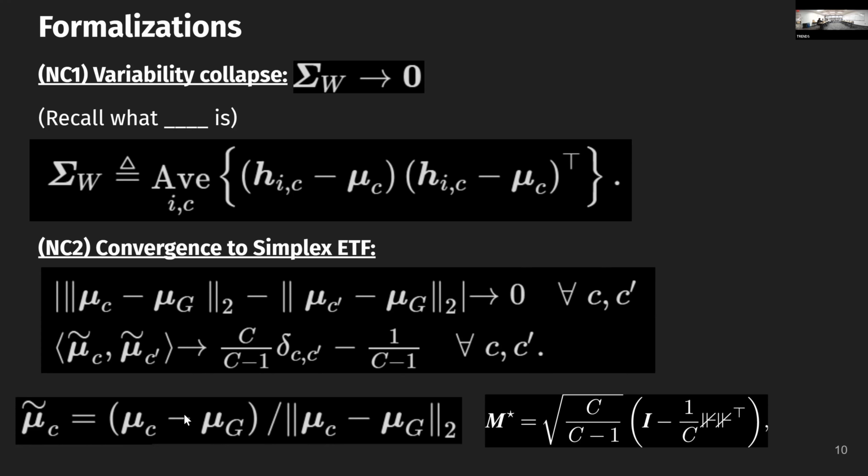You're taking off the global training mean, normalizing it, and then between two classes, the inner product, so the cosine distance maybe, will converge to this ratio between those two minus this control term.